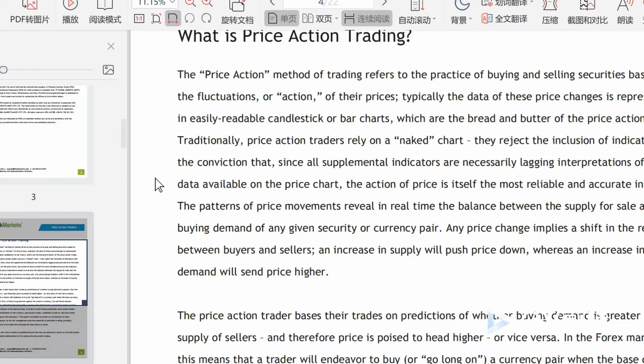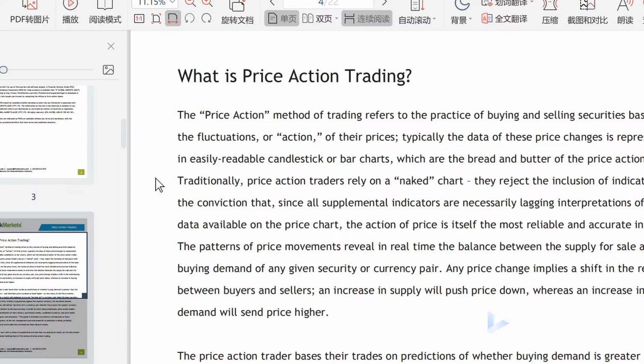I got it online and thought it would be a great material to show you guys. This is an open resource. You can simply type price action into Google, and you'll find hundreds of different copies of these handbooks.